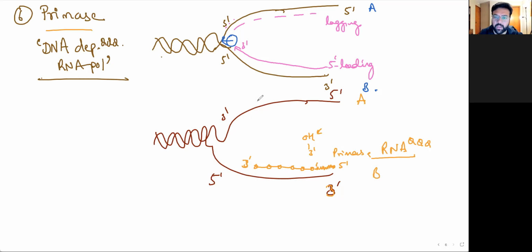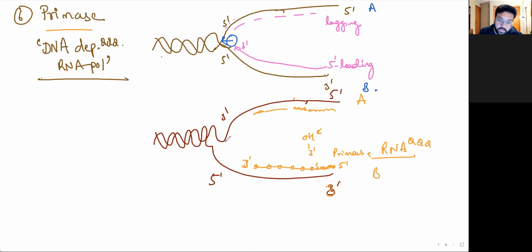The problem comes here. You are reading from 3' to 5'. Let's say we are gradually opening the replication fork, right? So initially only this much was opened. You lay down one primer and then you make your DNA. Then this much opens up, then you lay down another primer and you make this much DNA.